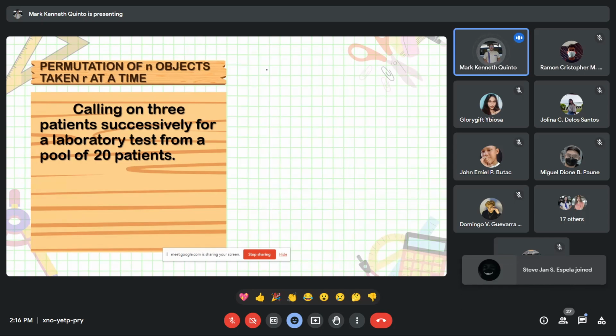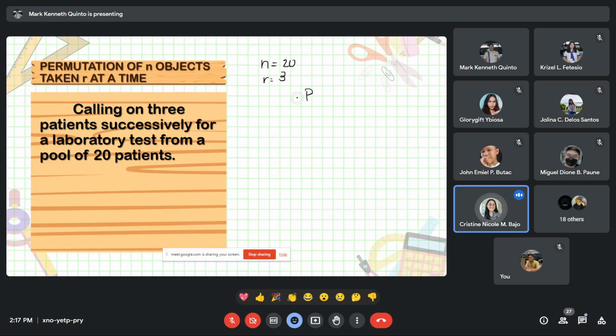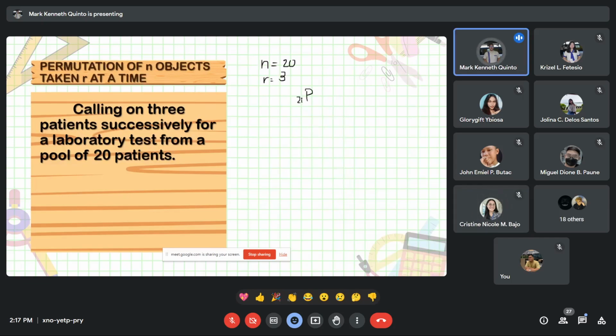And what is the value of our n for this? 20. And what is the value of r? 3. So if we write it in the notation, that is actually permutation of 20 objects taken 3 at a time.